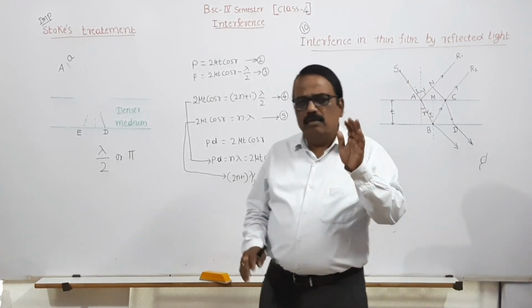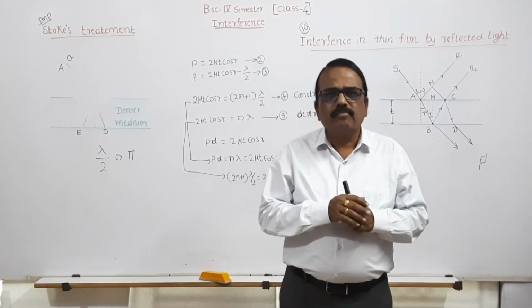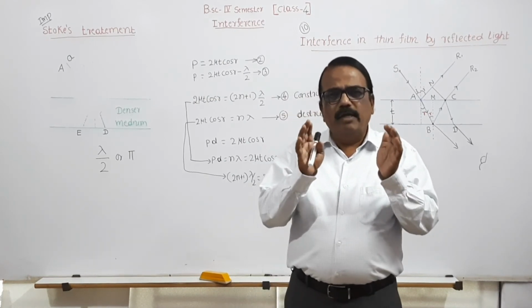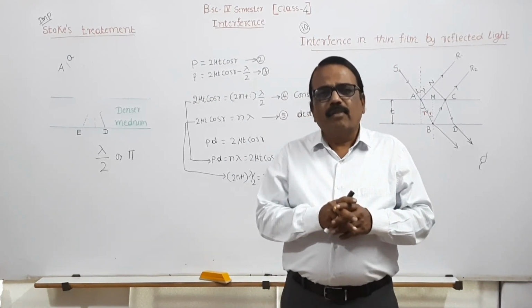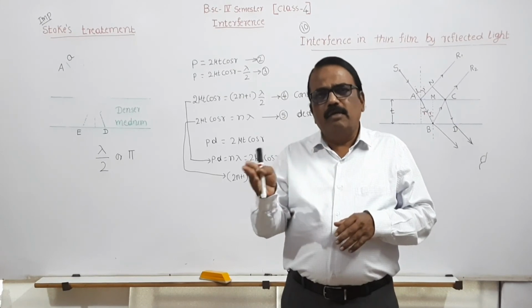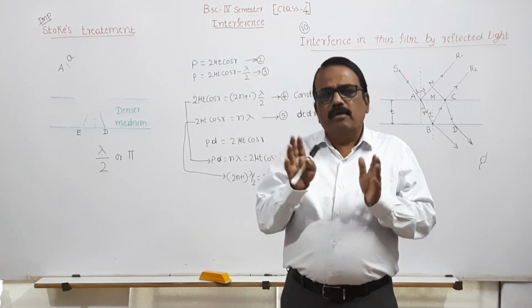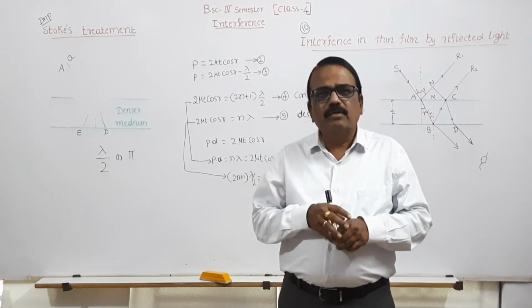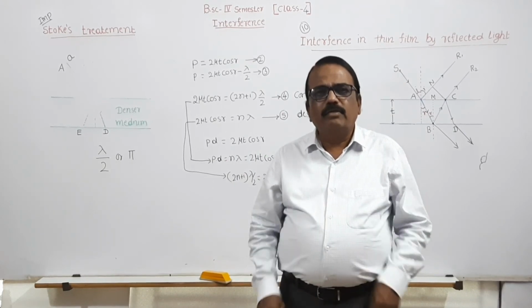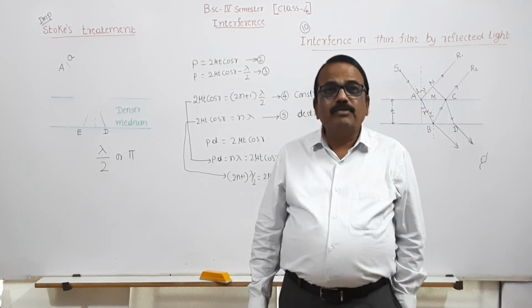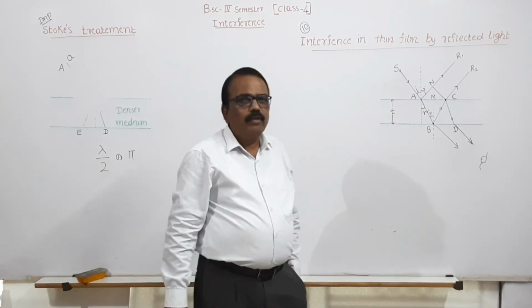Means if there is a dark band, light energy decreases, and if there is a bright band, light energy increases. So this is known as the law of conservation of energy.